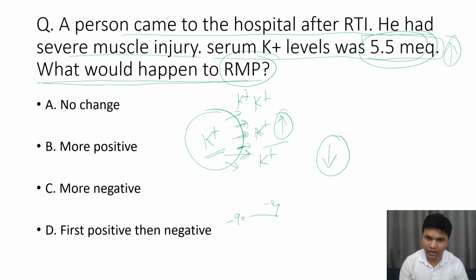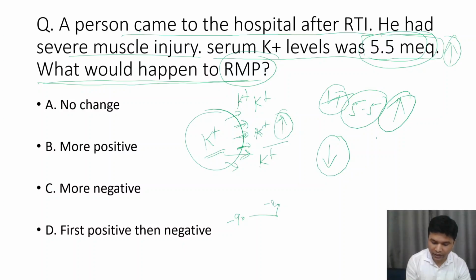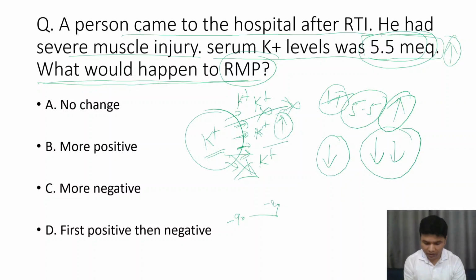The normal gradient was there. Suppose it's 4, in that case potassium will leak from inside to outside. But here it's not 4, it's 5.5, which means it's increased. So the gradient is going to decrease. In that case the movement of potassium from inside to outside is going to decrease.